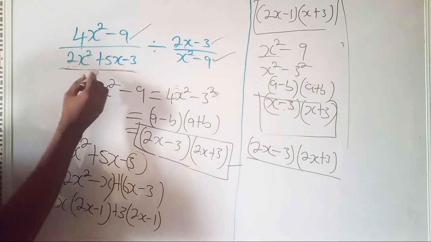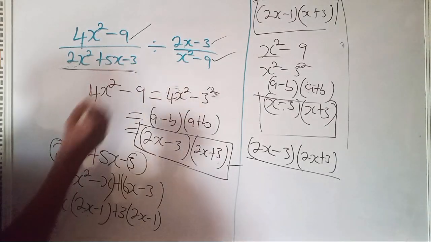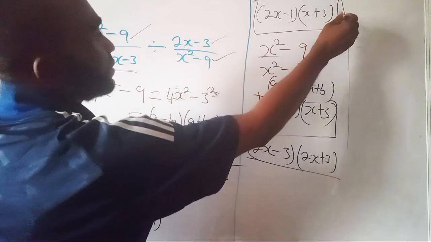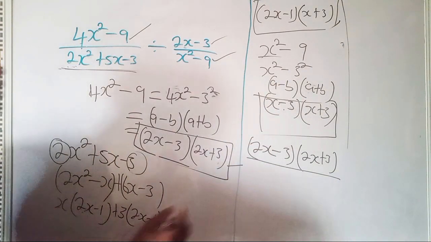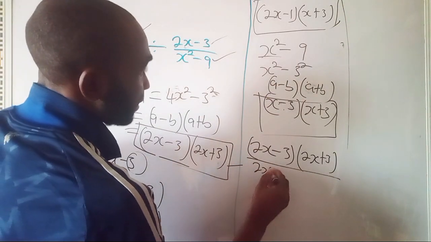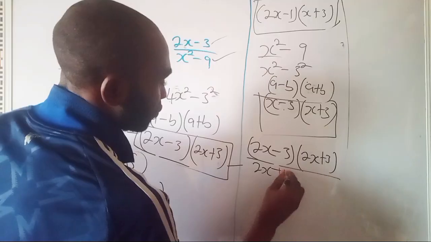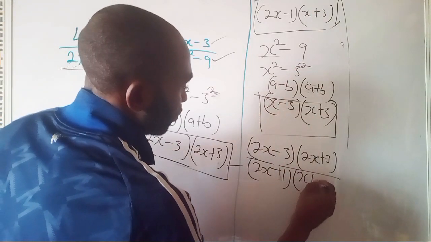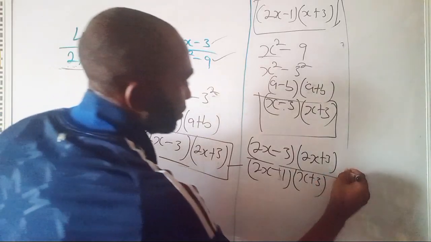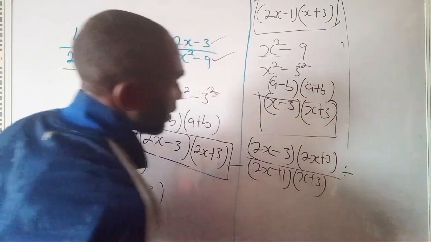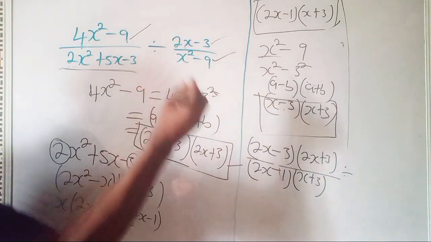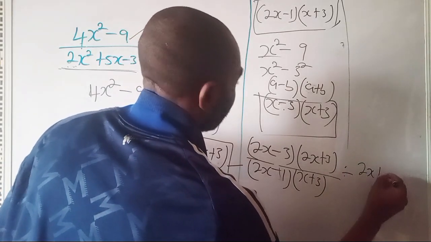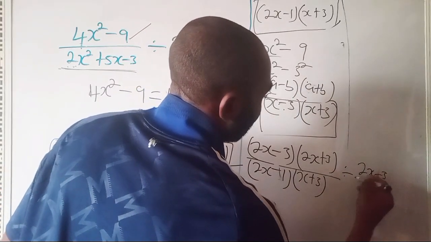So 2x squared plus 5x minus 3 was factorized to have this. So let's put it down as (2x minus 1), then (x plus 3), okay, divided by, so here we can go and write the same thing we have, x squared minus 9 all over.